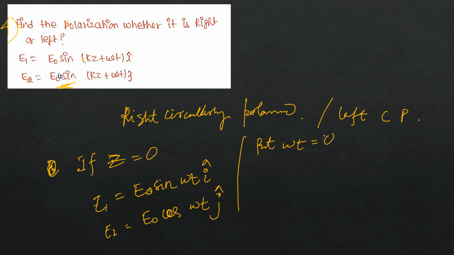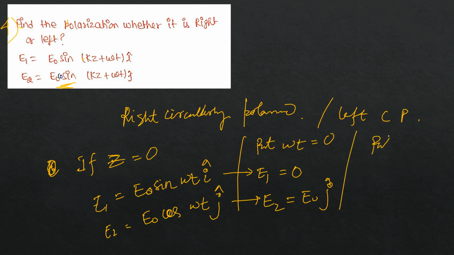If omega t is 0, then E1 will become 0. E2 will become E naught j cap. Now put omega t is pi by 2. If I put omega t as pi by 2, E1 will be E naught i cap, but your E2 will be 0. You get it?